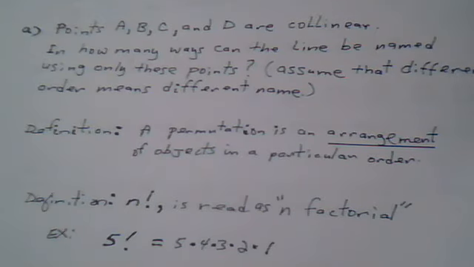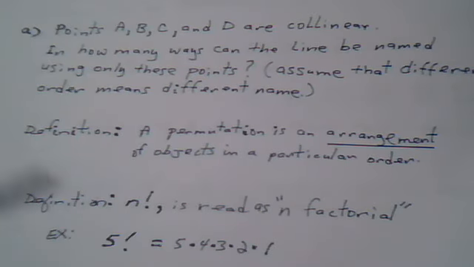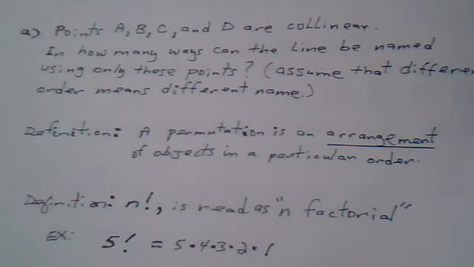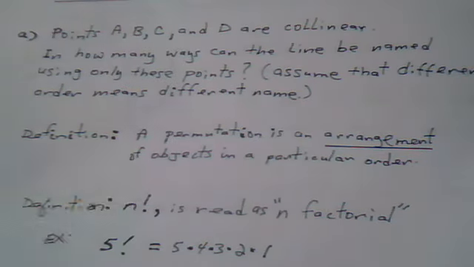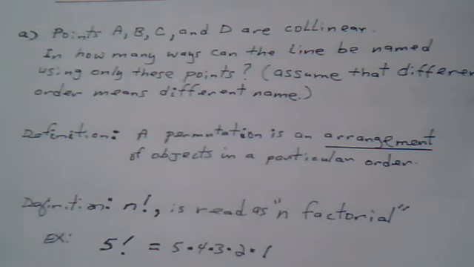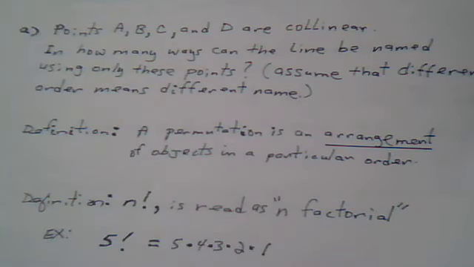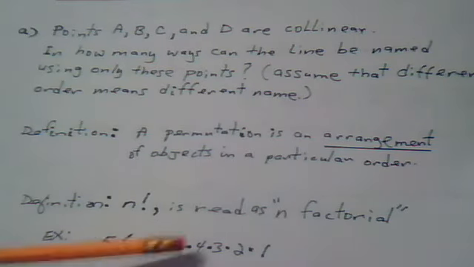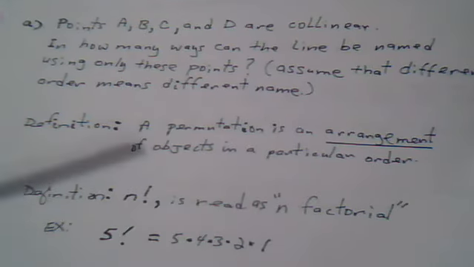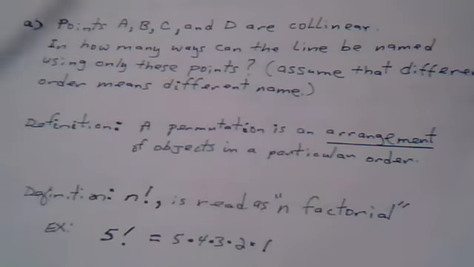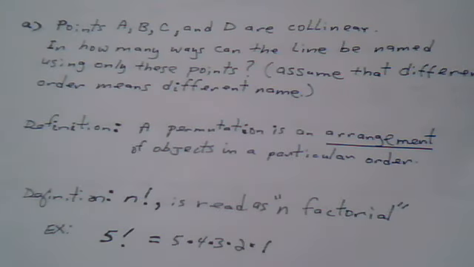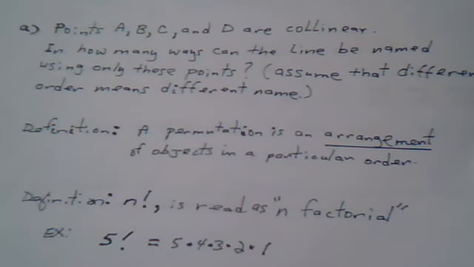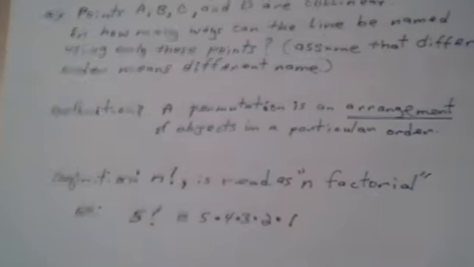Within the permutation formula, we have this symbol. This symbol is read factorial. That exclamation point reads factorial. Here's an example. 5 factorial is 5 times 4 times 3 times 2 times 1. Notice that we're multiplying, and the name itself implies it: factorial has the word factor, and factor has to do with multiplication.